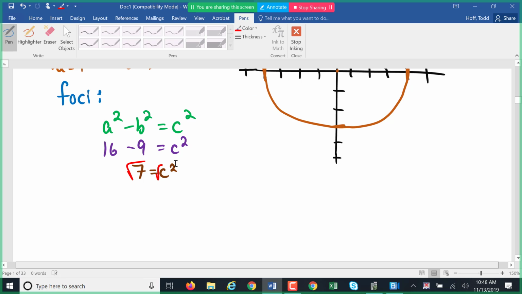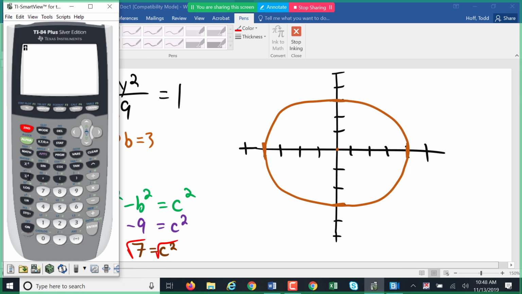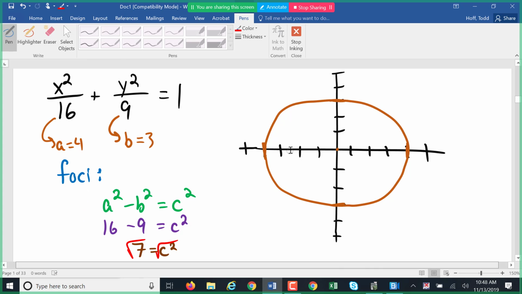So the square root of 7 equals C. Oops, the square root of 7, not square root of C. The square root of 7 is between 2 and 3, about 2.646. So one focus is located at negative square root of 7, comma 0. And the other focus is located at positive square root of 7, comma 0.